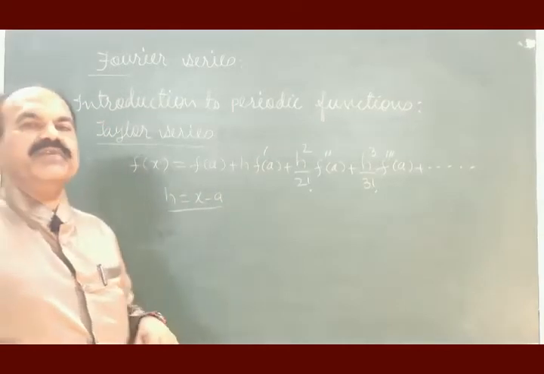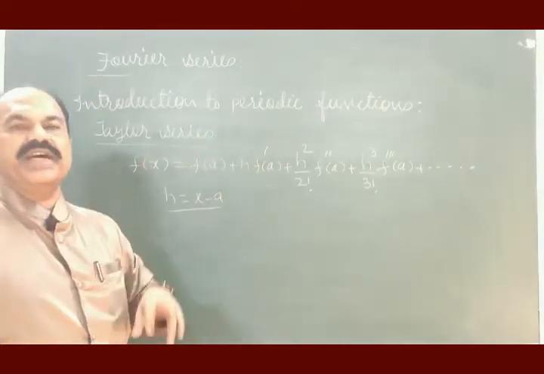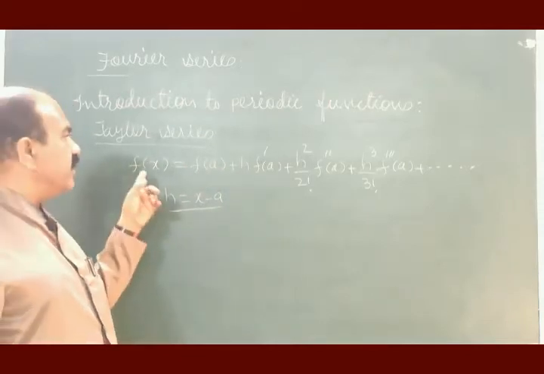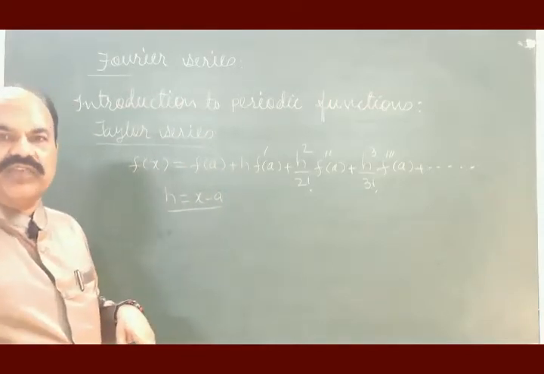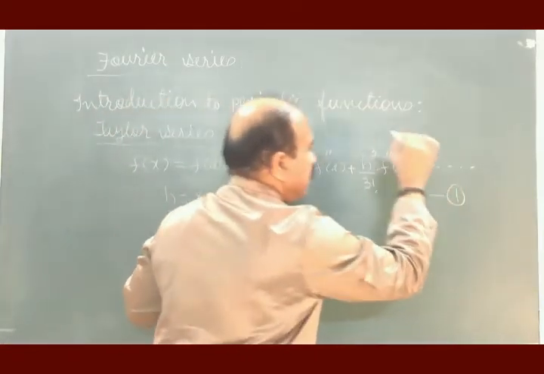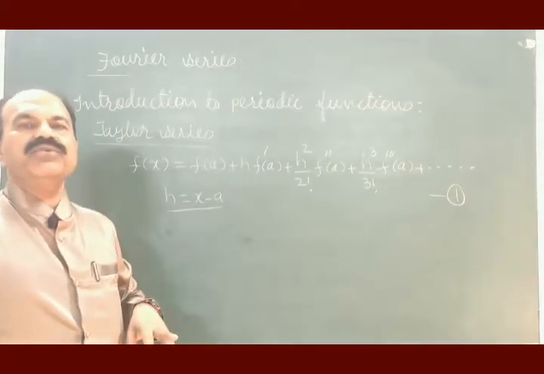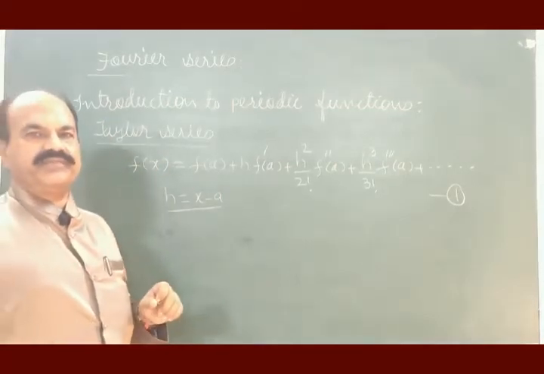This is Taylor series representation of a continuous function f of x given by this equation. Let me write this as equation number 1, where h is equal to x minus a.